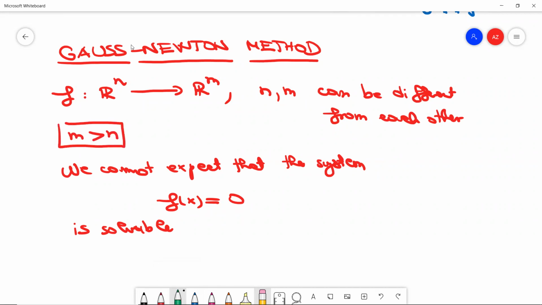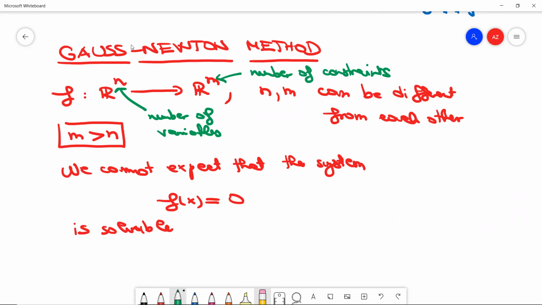So this n is the number of variables, and this m is the number of constraints. Usually such a system will have more constraints than variables, and we cannot expect that it will be solvable. There will rarely be a common solution of all the constraints.